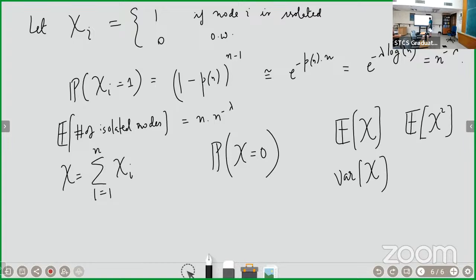Can you connect these quantities on my right hand side to the probability of chi equal to 0? For any positive random variable, is there a connection between the probability of that random variable taking value 0 and its mean and the variance? So forget the variance, just think of second moment and mean.